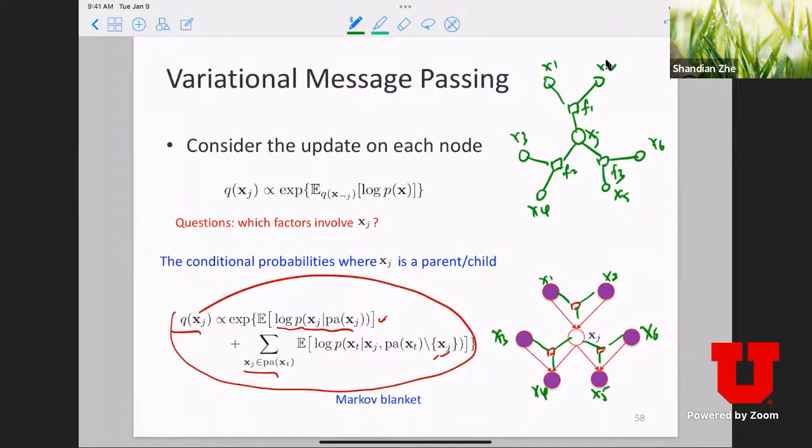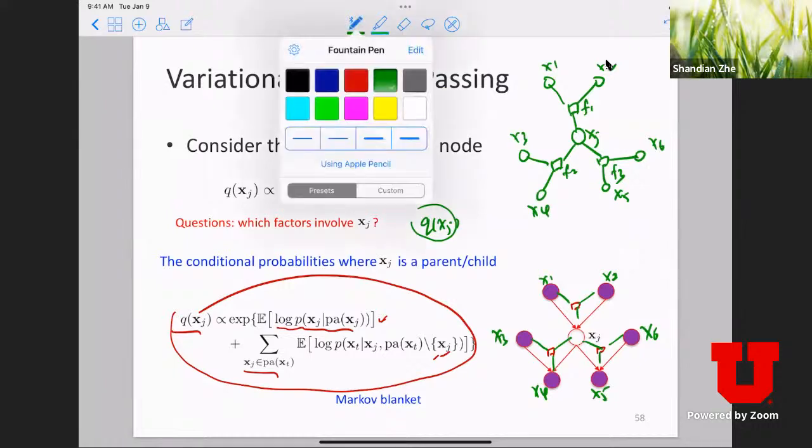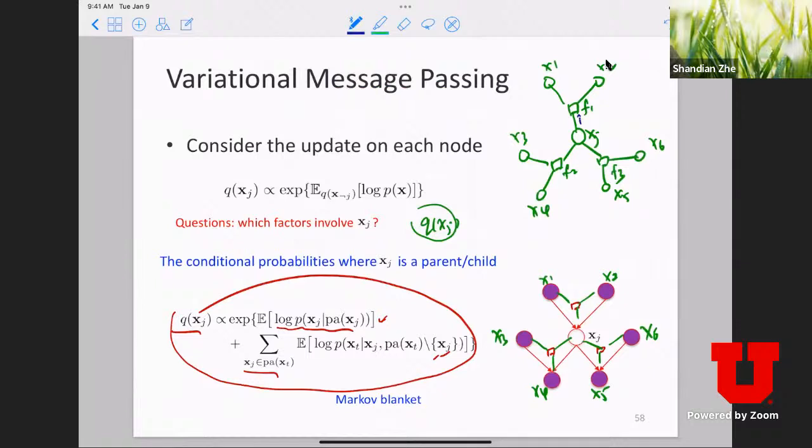So first of all, the message from each variable node sent to its neighboring factors is just the Q of xj. So the message xj sends to every factor node is always Q of xj.